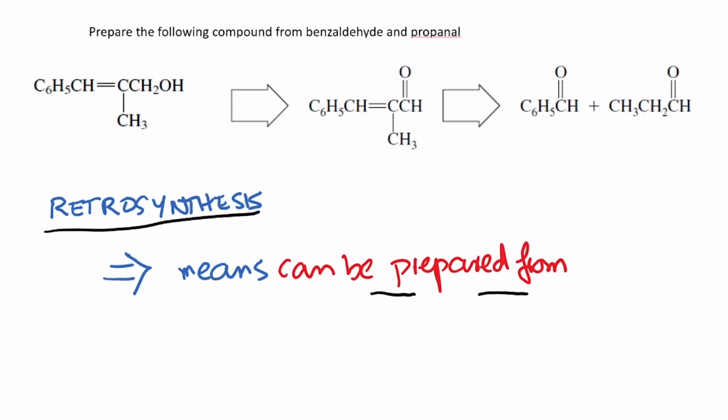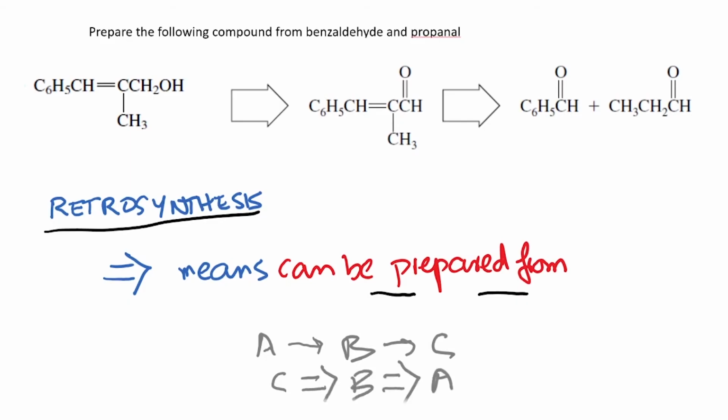So, for example, if in a particular synthesis scheme you would write A goes to B, goes to C, in the retrosynthesis you would write it as C is derived from B, which in turn can be derived from A.